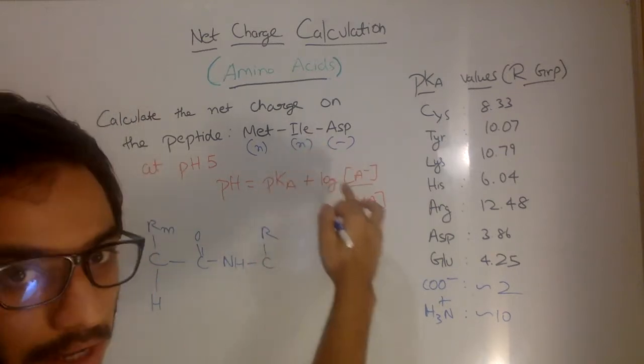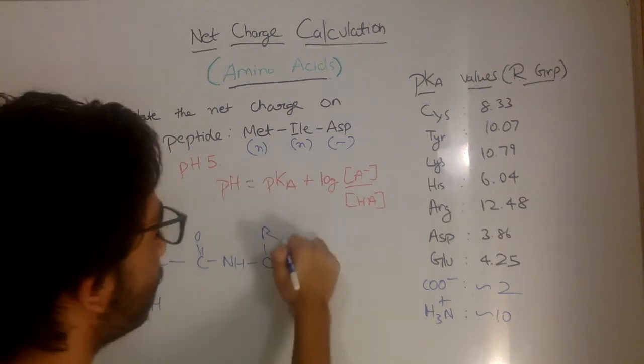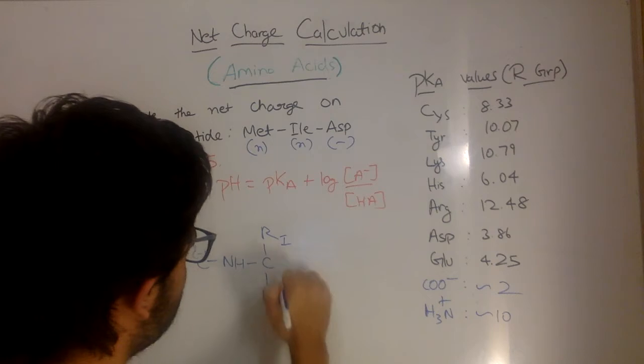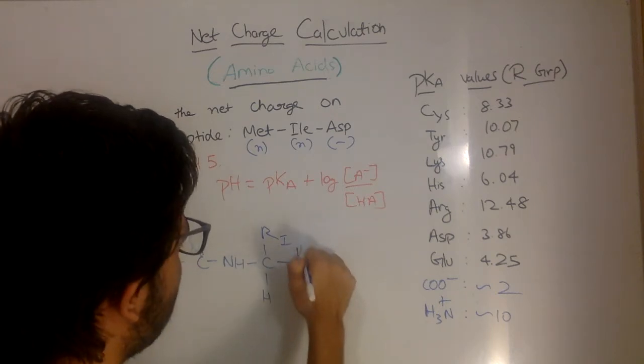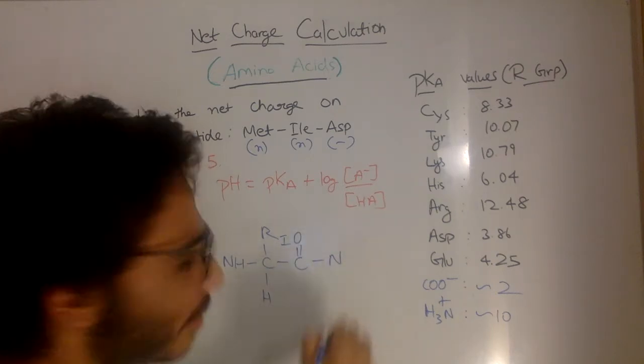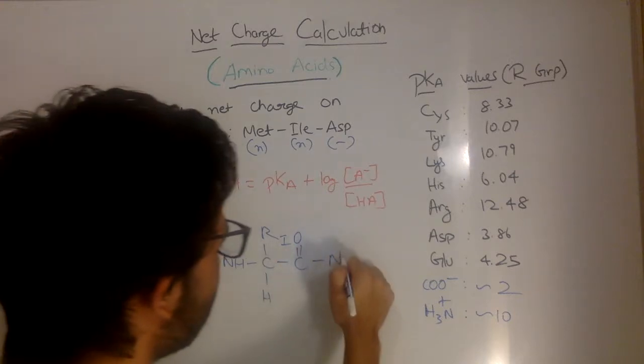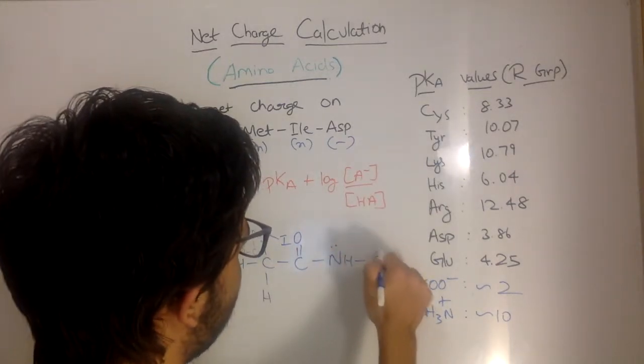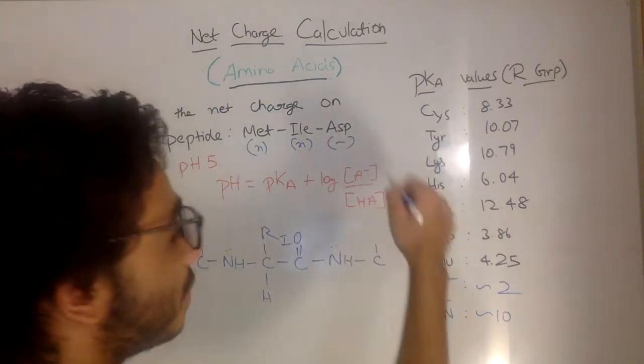Now we are in the second amino acid, so it will be the R group of isoleucine. Now this is another peptide bond. And now I'll have the R group of aspartic acid.